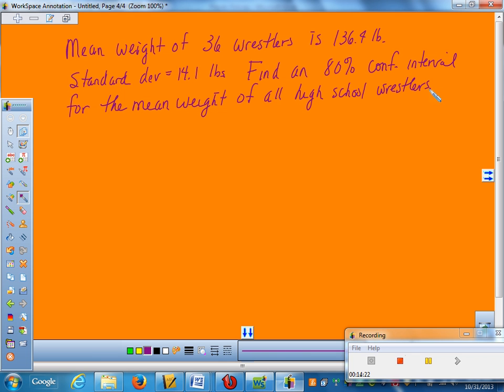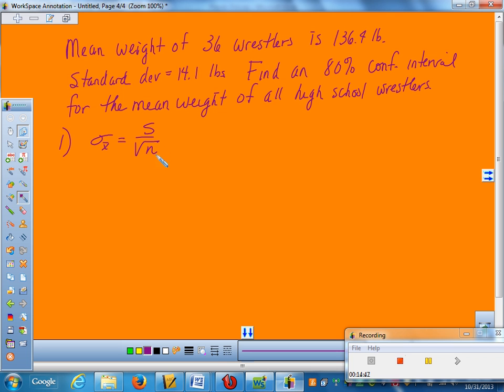Okay. So you have to go through the 3 steps. What was the first step? Find standard error. It was the formula that said do standard deviation divided by the square root of however many you sampled.